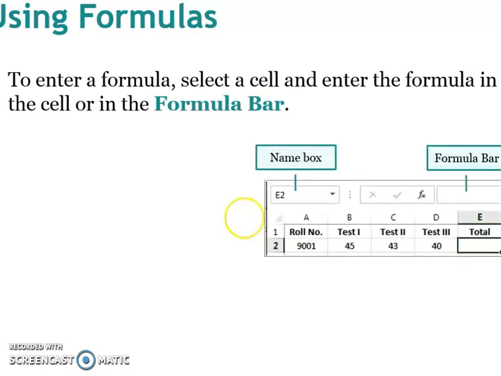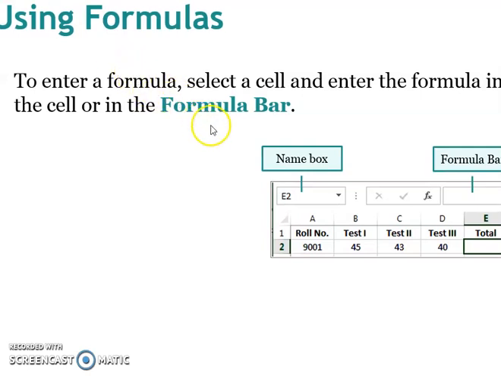So how do we use formulas? Firstly, we have to know that the formula bar shows the formula we write. We select the cell and then enter the value or the formula in this cell. These values and formulas are also shown on the formula bar. We can write the formula on the formula bar and also in the cell.